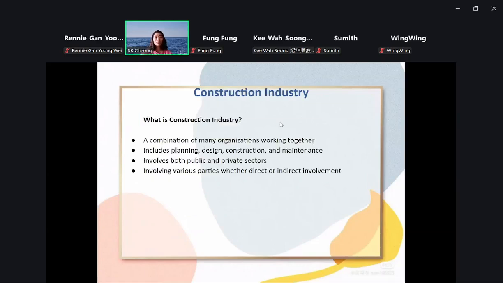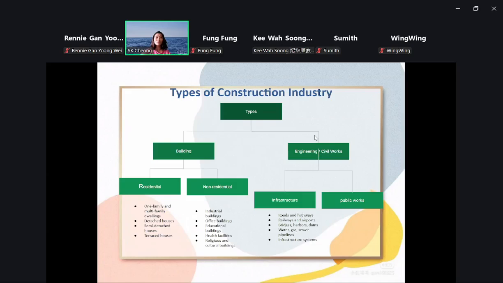What you can understand from this chapter is a basic introduction. What is construction? What is the construction industry about? Since we are all in this construction line, we must understand the types of construction will be building and engineering. Very common sense, right?